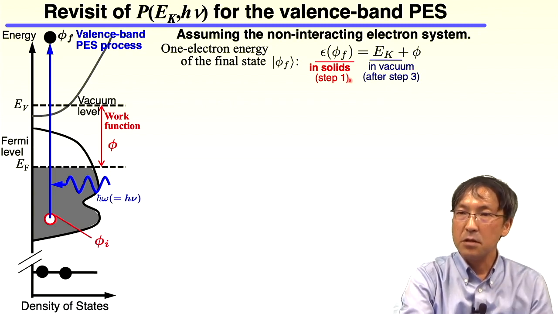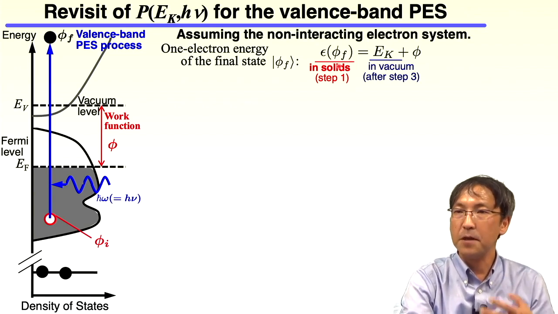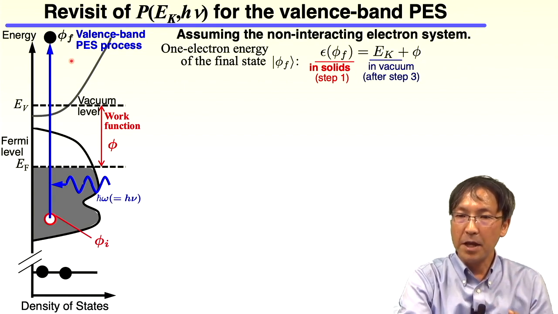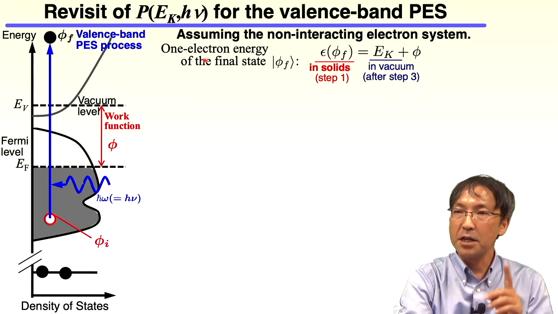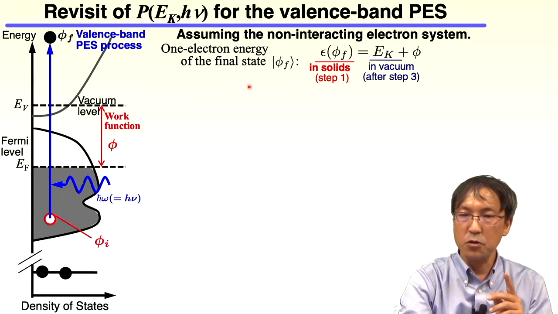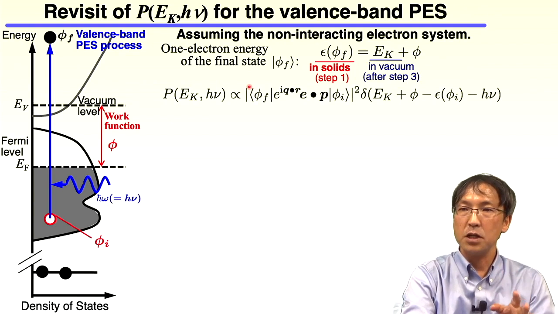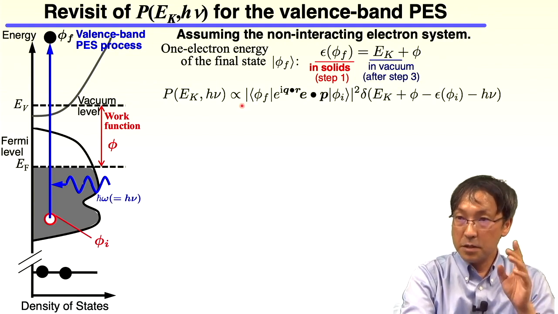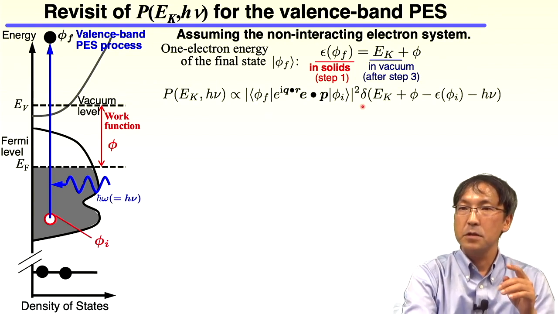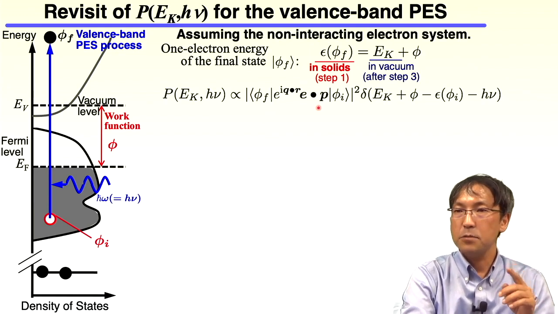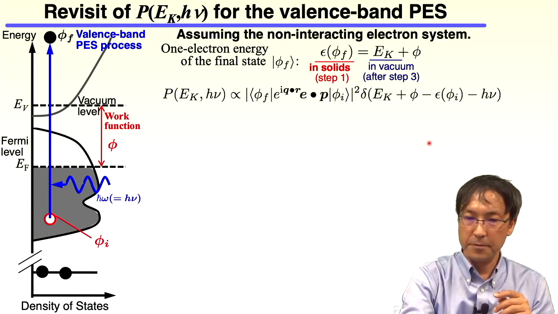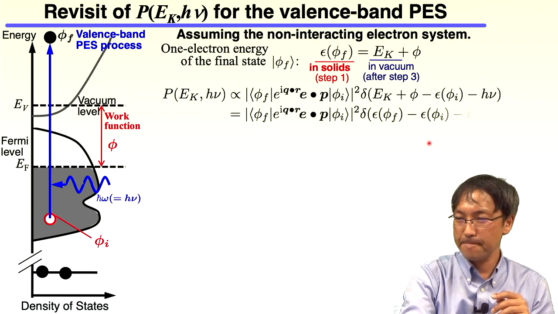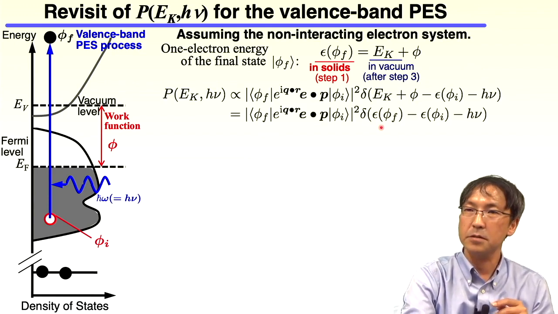On the other hand, the excited photoelectron energy level in the solid can be defined as epsilon phi f, equivalent to Ek plus phi. The state phi f is one of the eigenstates of the electron Hamiltonian. By using the photoelectron energy level epsilon phi f, the term P is rewritten as this formula, like this.